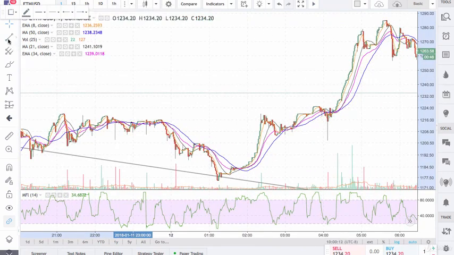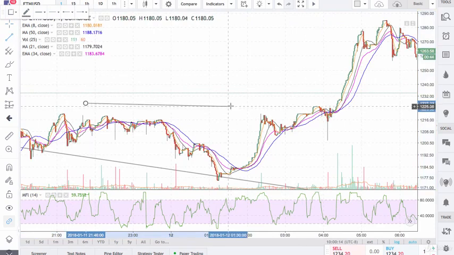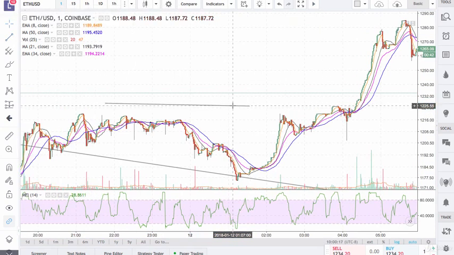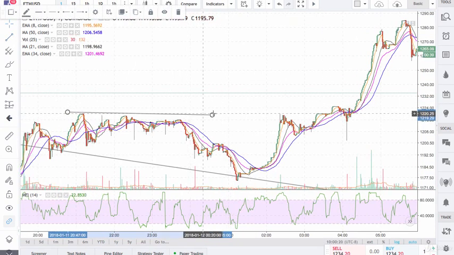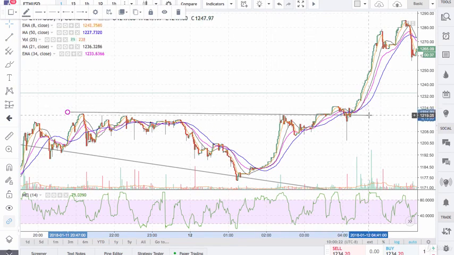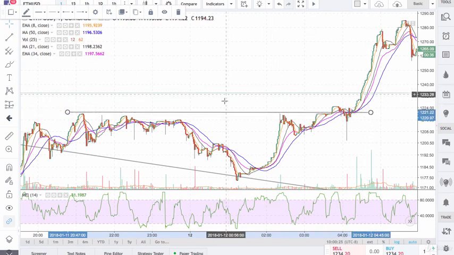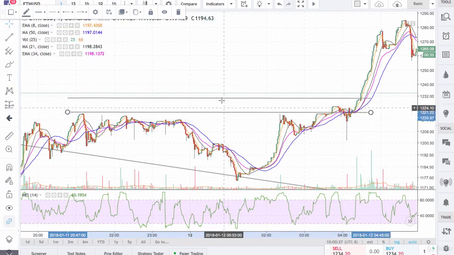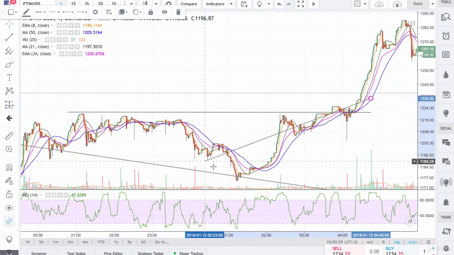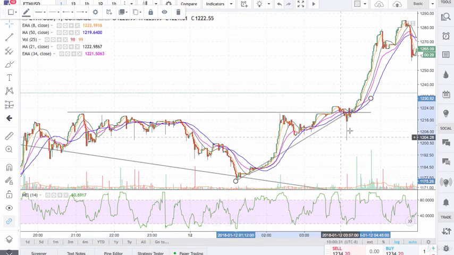We can draw some trend lines, and we can also draw a support trend line.